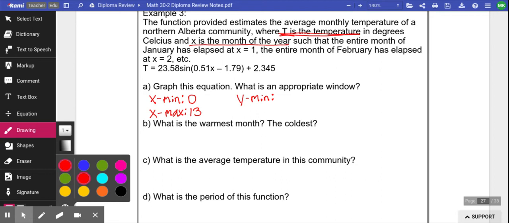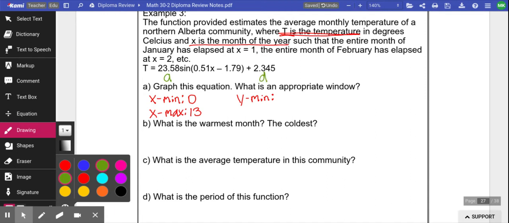Yeah, you're really close. If you look at your equation, it tells you things. Your amplitude tells you the distance from the middle to the bottom or middle to the top. Your D value tells you the middle.